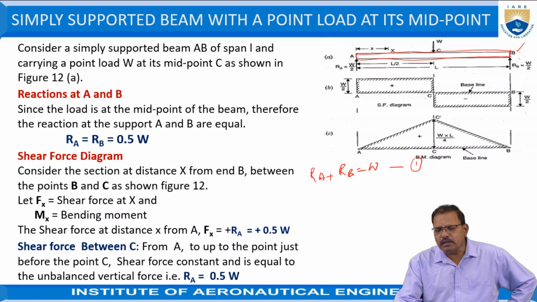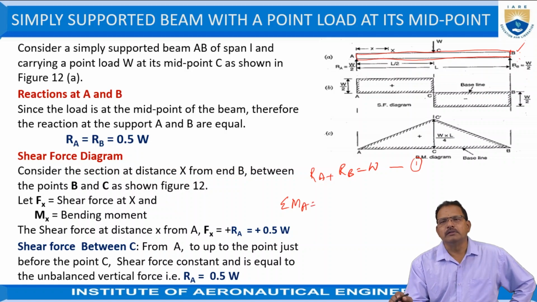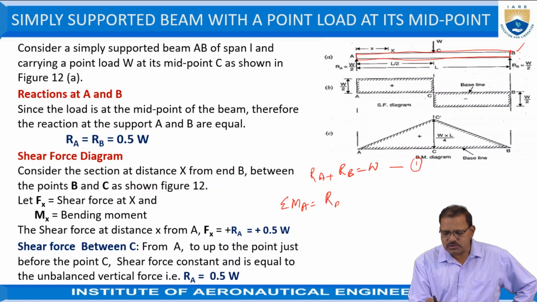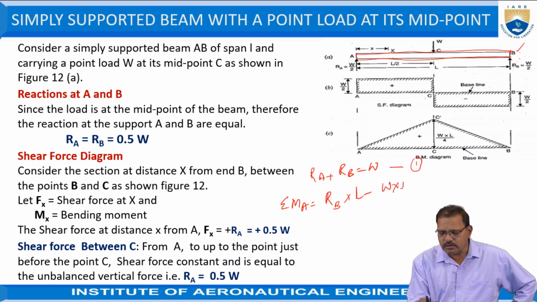The second one is that the moments created by the forces at any point should be equal to 0. I am taking the moments at A. RB tends to rotate the body in the anti-clockwise direction, so it is positive: RB into L. The point load tends to rotate the body in the clockwise direction, so it is negative: W into L by 2.